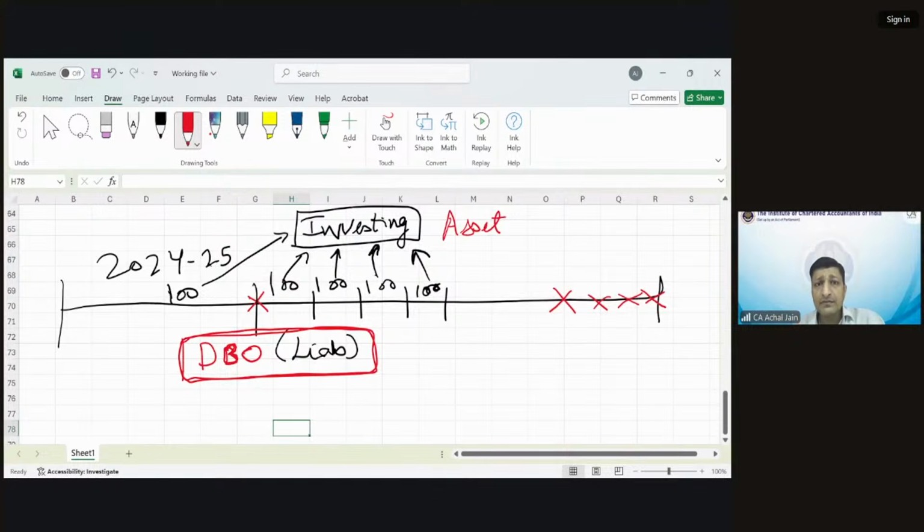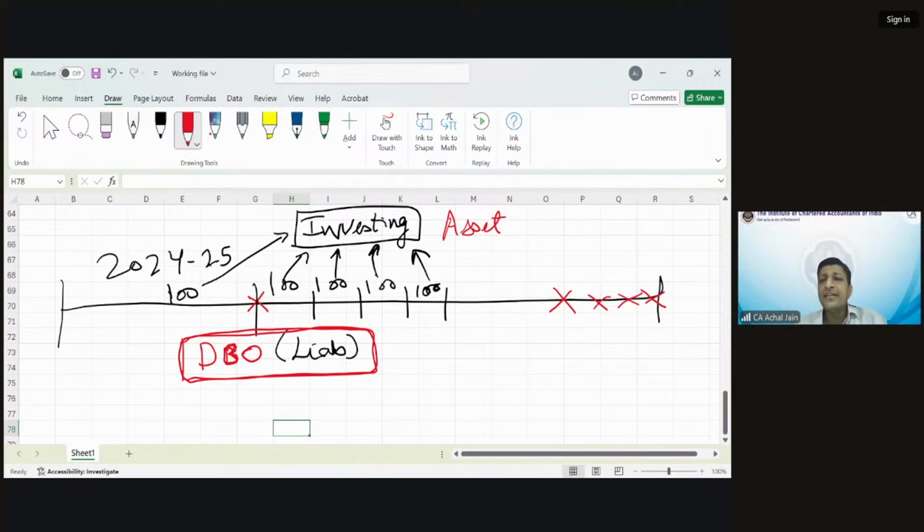It's an investment. So will you say investment is an expense? Tell me. Can the investment become an expense? Answer is no. That is not an expense. What is that? That is an asset. Yes or no? Clear on this? That's an asset.